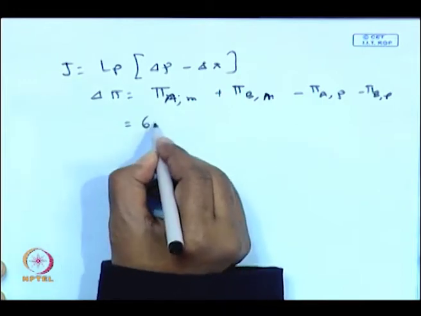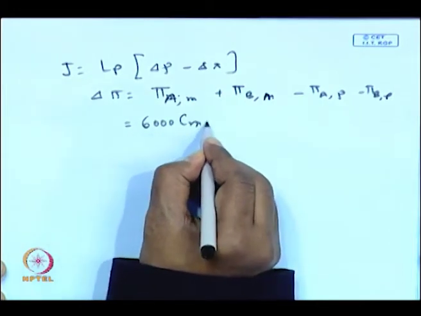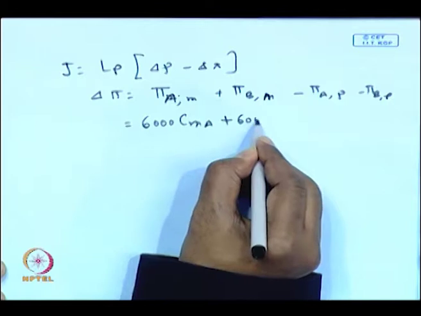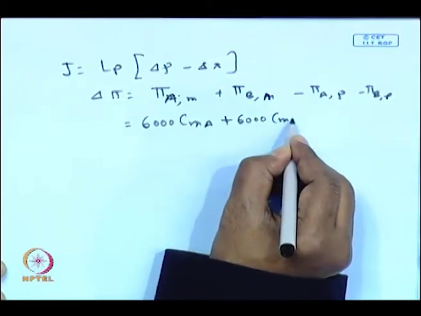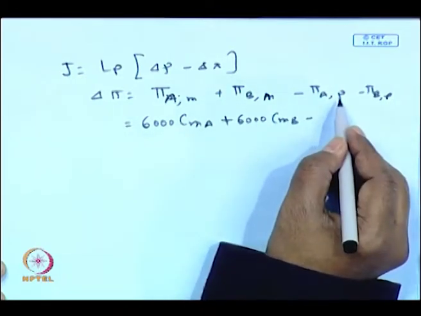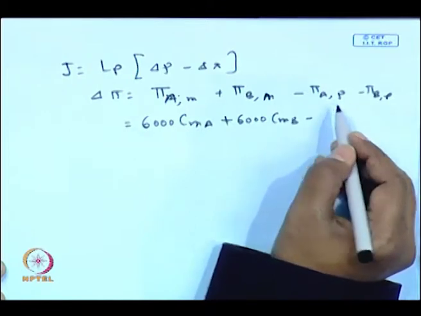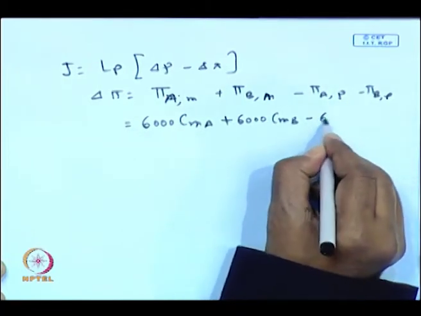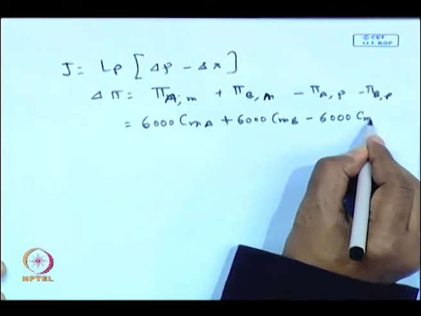Now, this will be 6000 times C_MA, this will be 6000 into C_MB, C_PA will be equal to 0. So, that will not be there, you will be getting 6000 C_PB.